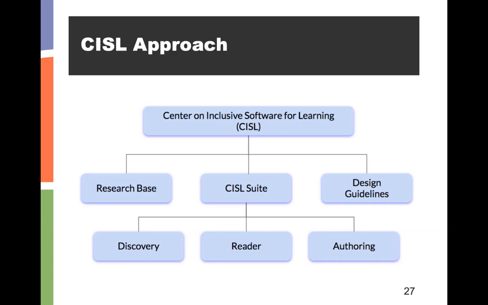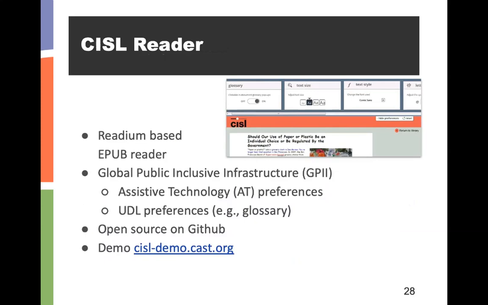And then in the middle, we have the CISL Suite, which is a series of 3 different tools that we're working on right now. The CISL Discovery tool, which I'll talk about in a minute, the CISL Reader tool, and the CISL Authoring tool. So if we can just go to the next slide, I'll talk about each of those. The CISL Reader tool is Readium based.